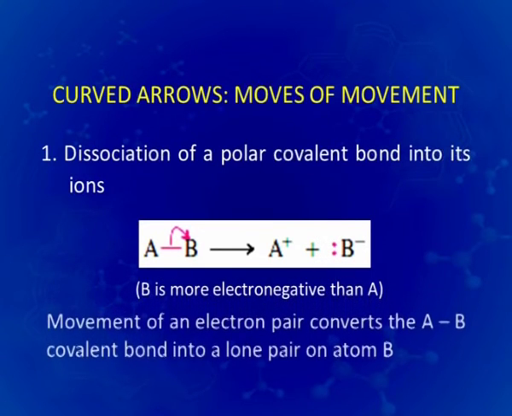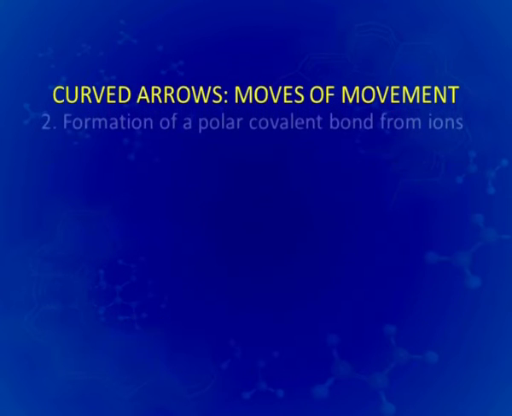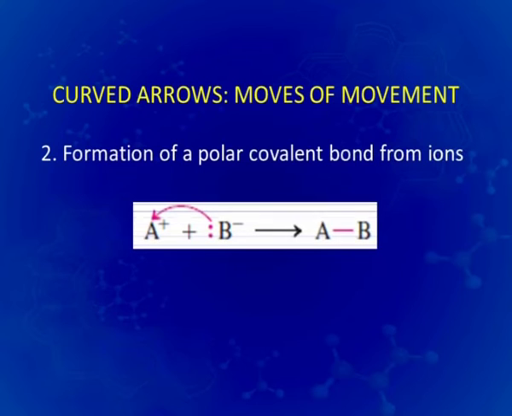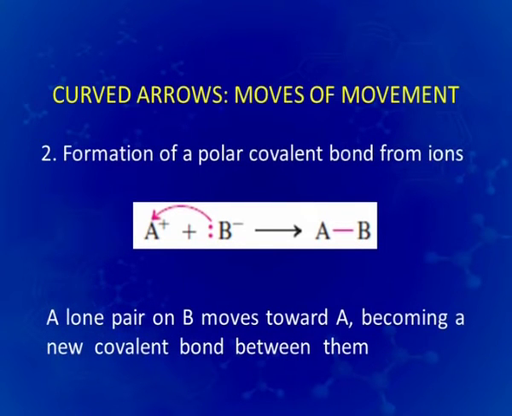So, movement of an electron pair converts the A-B covalent bond into a lone pair on atom B. Then we have another type of depiction, the formation of a polar covalent bond from ions. If you have two charged species reacting with each other, A plus and B minus, the lone pair from B moves towards the atom A and leads to the formation of a bond between A and B. So, a lone pair on B moves towards A, becoming a new covalent bond between them.